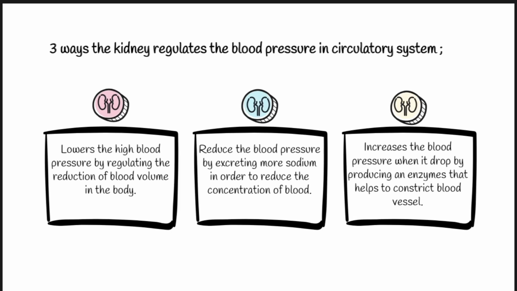Lastly, it increases the blood pressure when it drops by producing an enzyme that helps to constrict blood vessels. This will take place in the renin-angiotensin system, where the kidney will secrete an enzyme called renin. So, renin will break up the angiotensinogen protein released by the liver to form angiotensin 1.